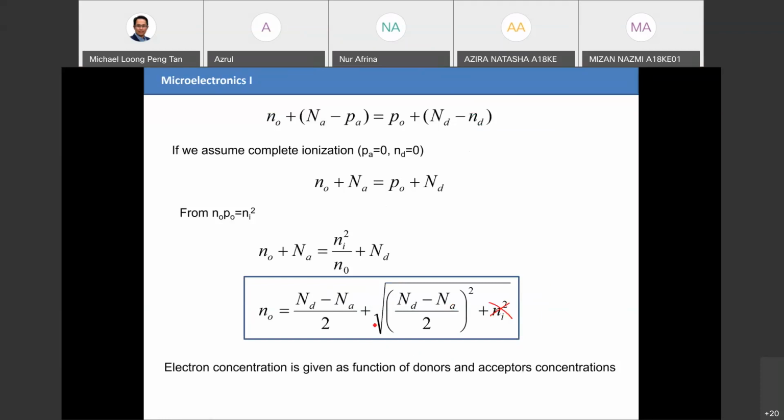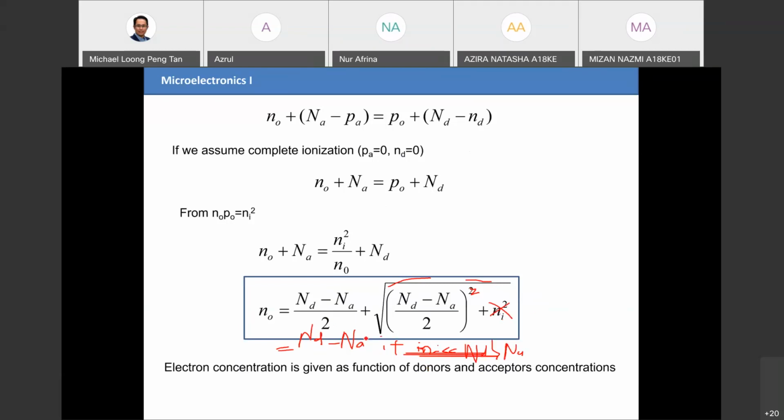Once you cancel this, you square root and square, you can cancel this part. So Nd minus Na over 2 plus Nd minus Na over 2, what do you get? You get Nd minus Na if Ni is smaller than your Nd and Na. So if your Ni is small, you can just ignore this. It will be Nd minus Na.